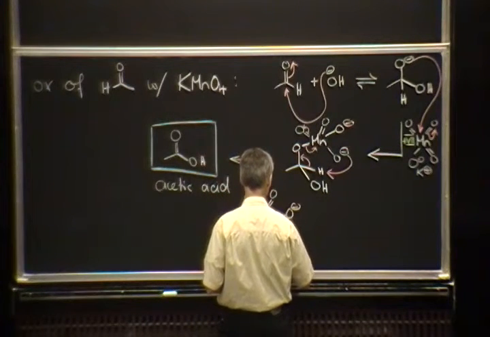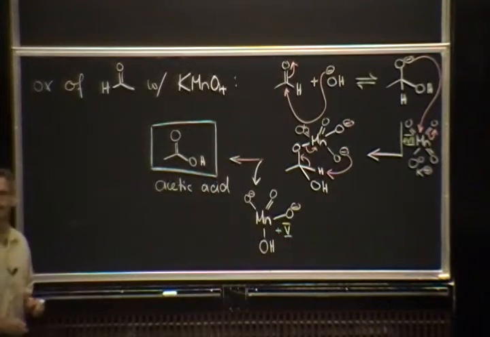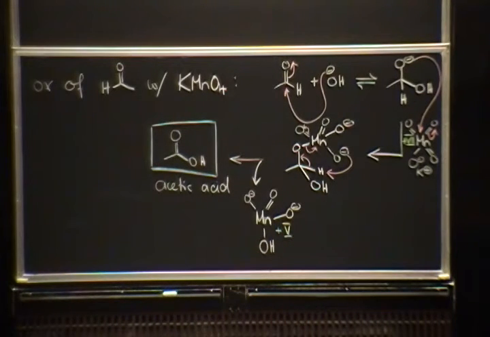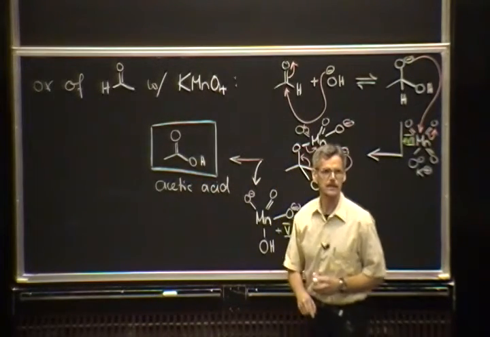So formally I have reduced the oxidation level down 2 steps from +7 to +5. And of course at the same time I have oxidized the carbon from a +2 oxidation level to a +3 oxidation level.